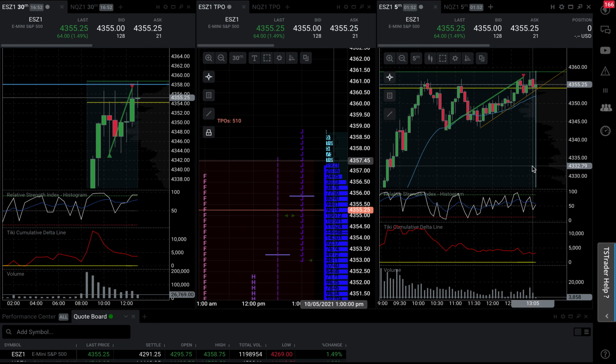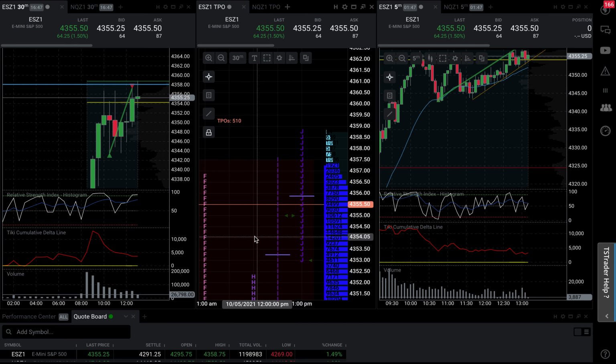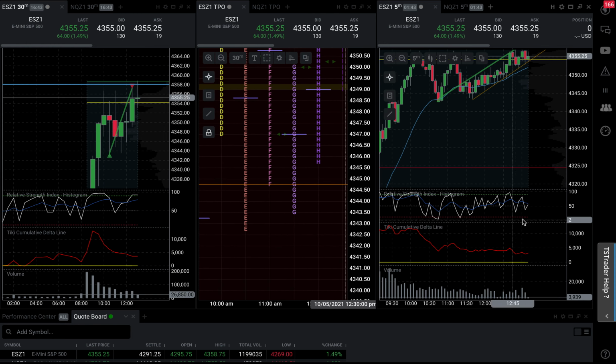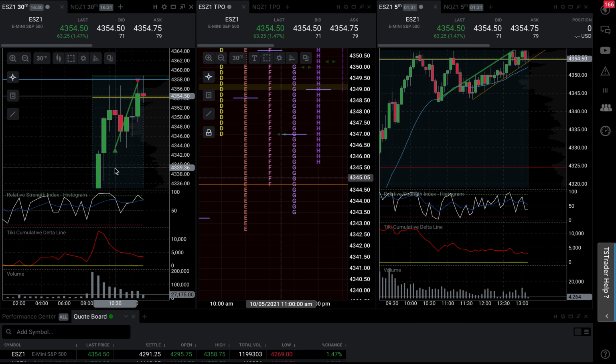That's everything I looked at in this trade. Also, during the pullback, we did pull back here. We were at the lows of the histogram, and we weren't at the lows here on the RSI histogram, but at least you look, we were heading down. That's important.